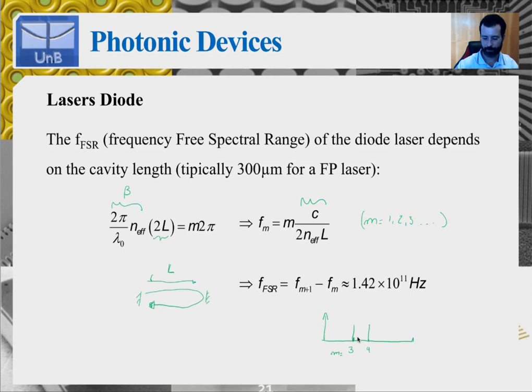So ideally we would like these resonant frequencies to be far apart in frequency, in such a way that this FSR is much greater than what we're getting here for a Fabry-Perot cavity.